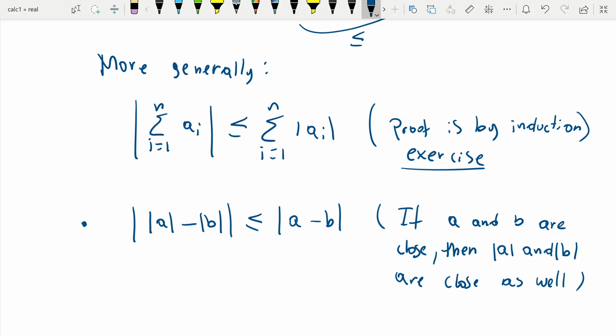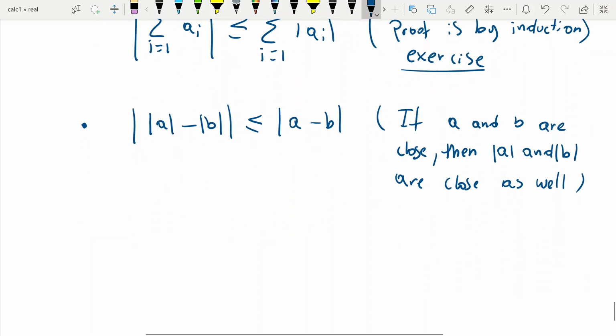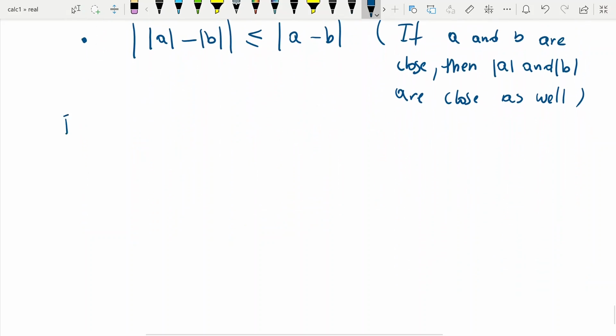And proof of this, I mean, this is an exercise in the book, but we'll do it here for your benefit. So how do we prove this statement?